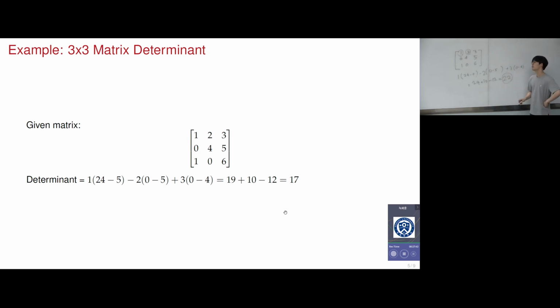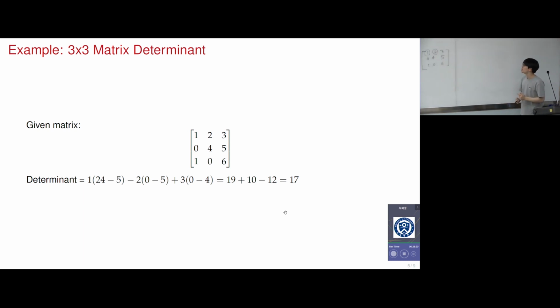Tell me if I'm wrong, okay? So the answer should be 22, I think.